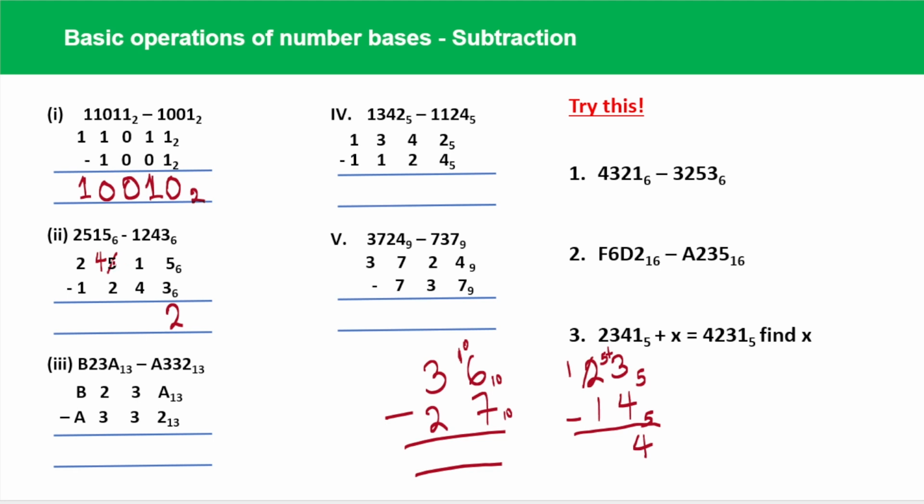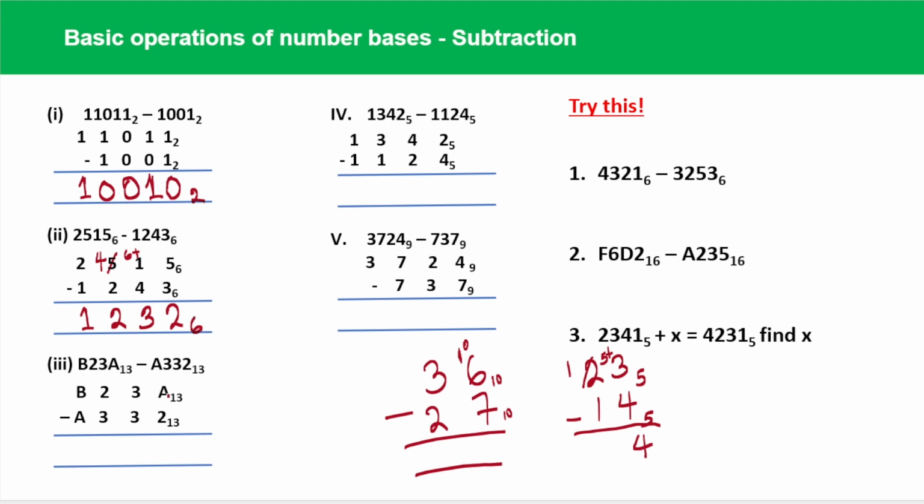The 1 we borrow becomes 6 because we are operating in base 6. So 6 plus 1 will give me 7. 7 minus 4 will give me 3. 4 minus 2 will give us 2. And then 2 minus 1, that's possible without borrowing, that will give us 1. Therefore our answer to this will be 1232 base 6.